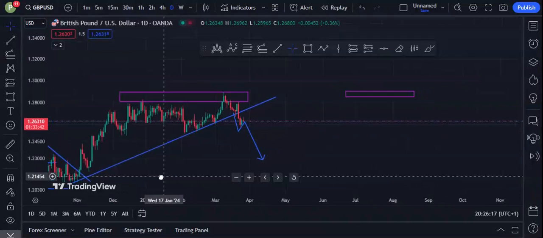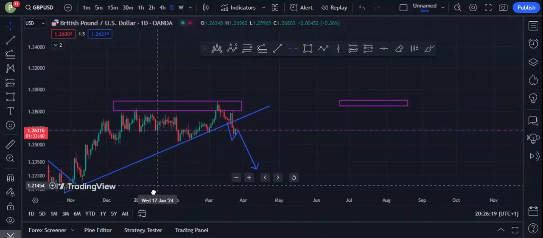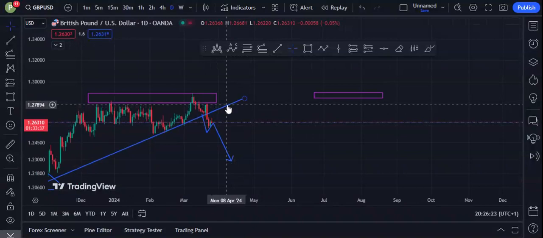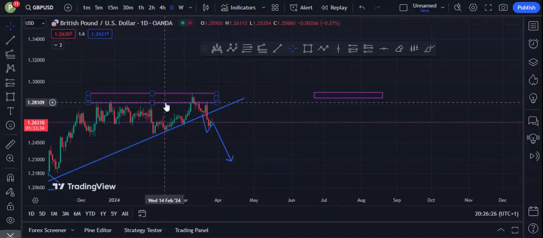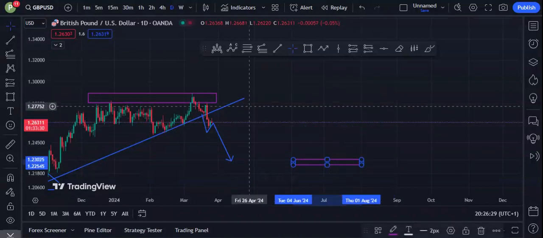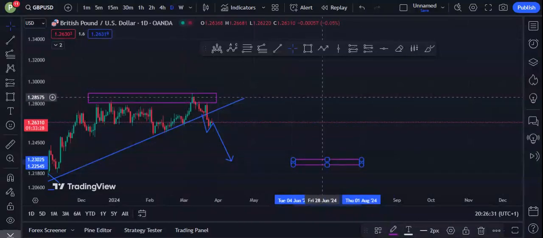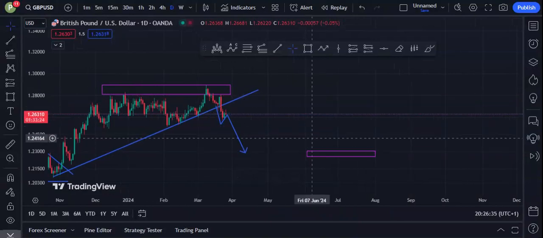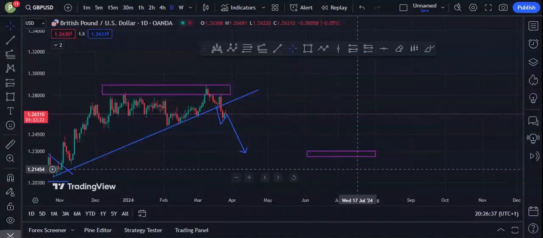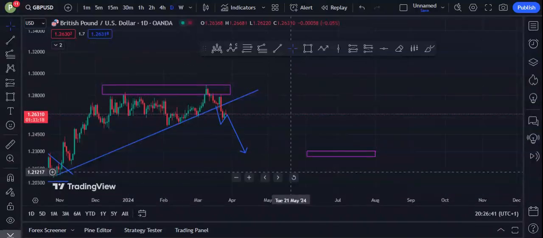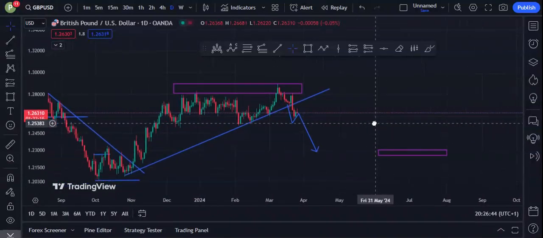So for example, why do I claim this place as support and resistance? Support is down, resistance is up. They are both the same thing, because once the market breaks below a resistance, it turns to support, and when the market breaks a support, it becomes a resistance. So they are interchangeable.